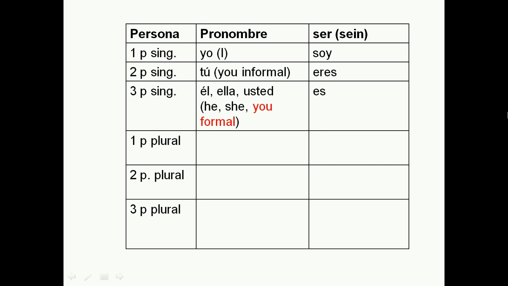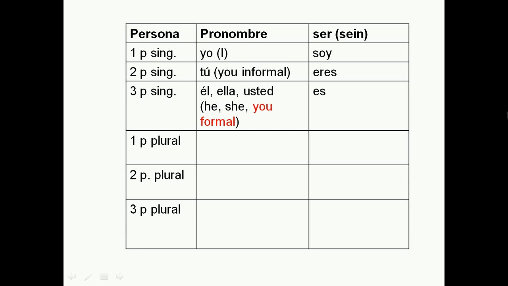However, in the third grammatical person, the situation is very different. Here, we have three possibilities for a single verbal form. Él, to talk about a masculine singular person, animal, or thing. Ella, to talk about a feminine singular person, animal, or thing.